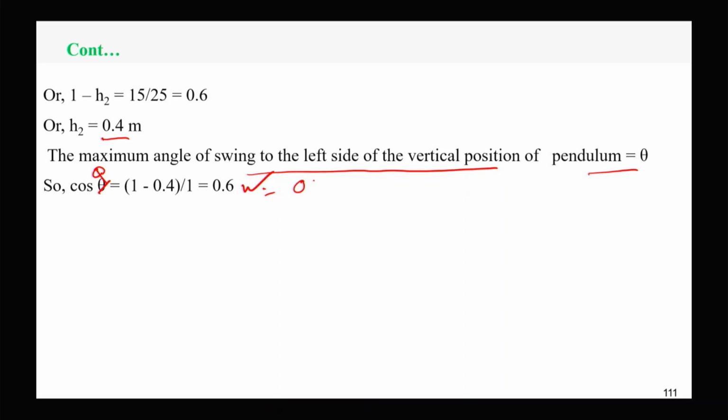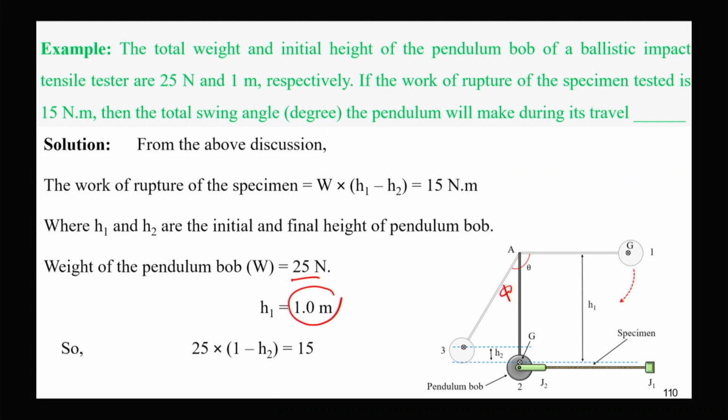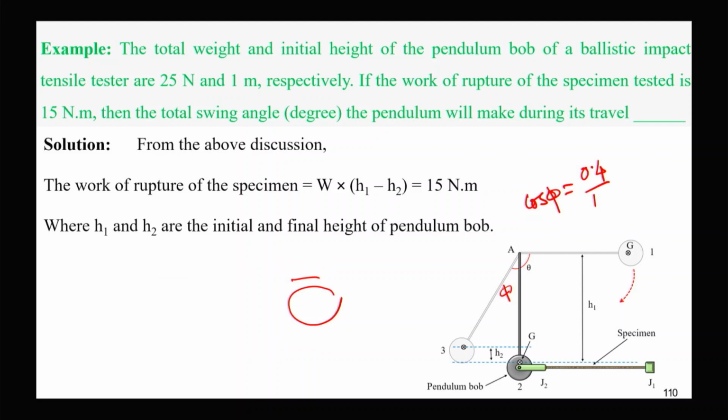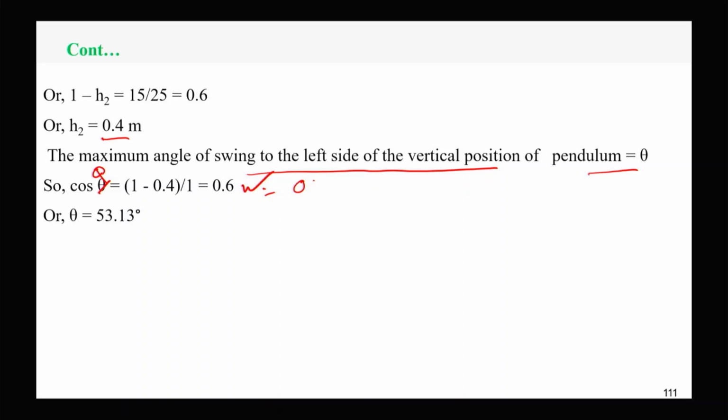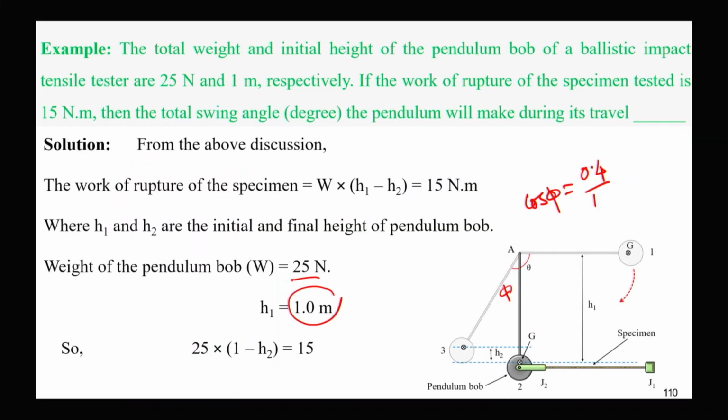So cos phi will be 0.4 by 1. Okay, sorry, now H2 is 0.4, and this is 0.6.